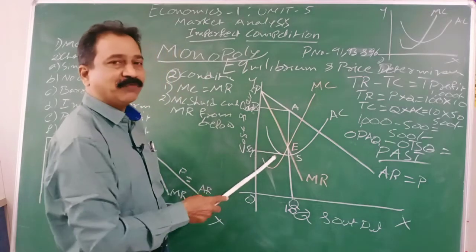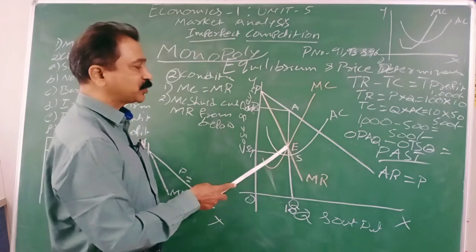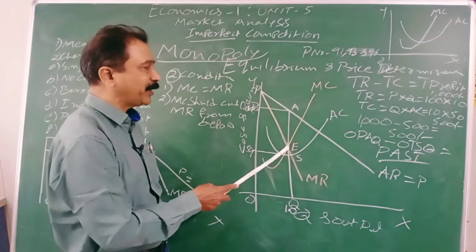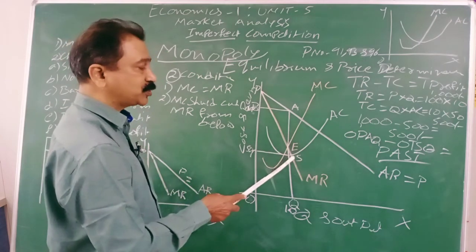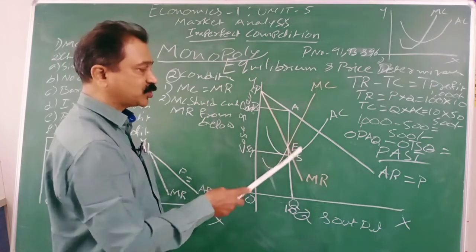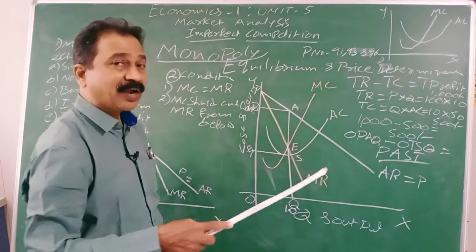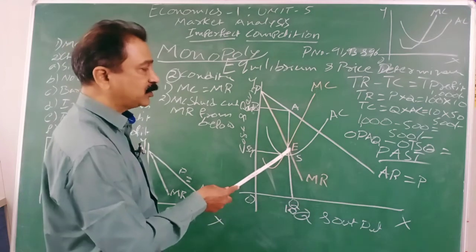All the conditions are fulfilled. That's why MC is equal to MR here at this point. We made it equilibrium. AC shows average cost. MC shows marginal cost. Marginal cost and marginal revenue are equal here, meaning additional revenue and additional cost on the commodity are equal. So we stop the production.